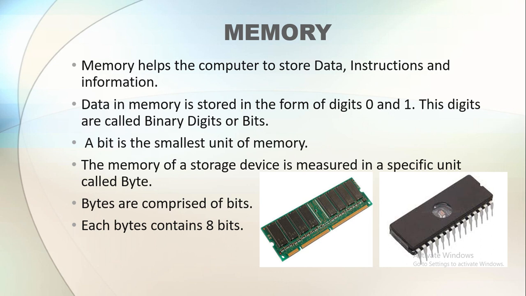These are called binary digits. Like we humans, computer also has a memory where the data, instructions and information are stored so that it can be used in the future as well as at that particular point of time.